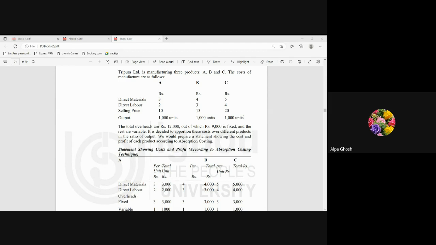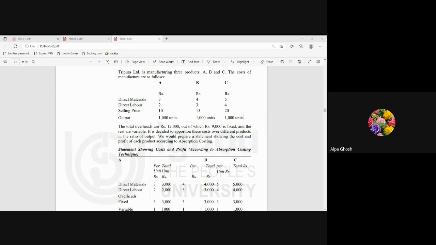Next comes direct labor. Direct labor is also 2 rupees, 3 rupees, and 4 rupees per unit. Per unit cost, you multiply it with the total output, that is 1,000 units. So the totals are 2,000, 3,000, and 4,000. Next, they are giving that there is an overhead.